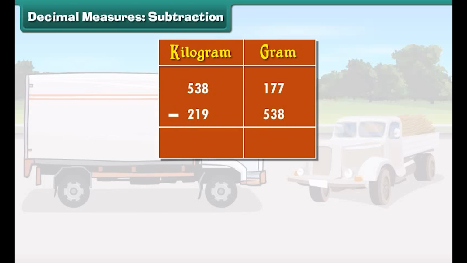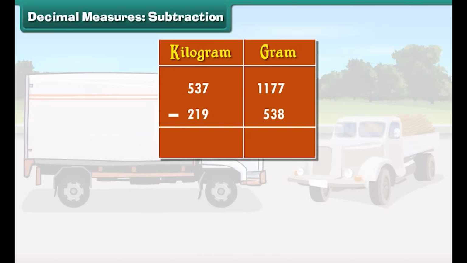Since 538 grams cannot be subtracted from 177 grams, 1 kilogram is borrowed from 538 kilograms. It is converted into grams and added to 177 grams to get 1177 grams.